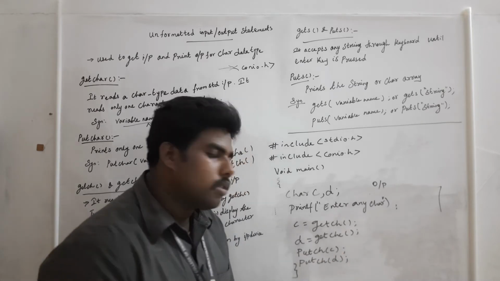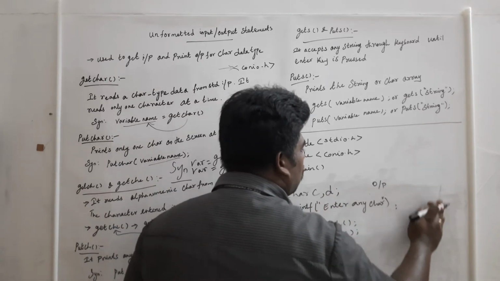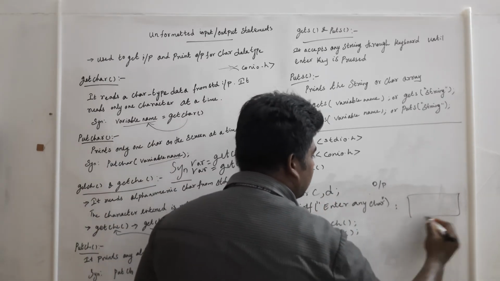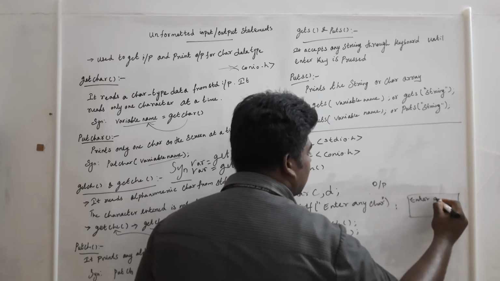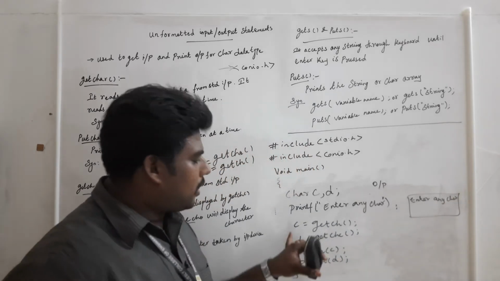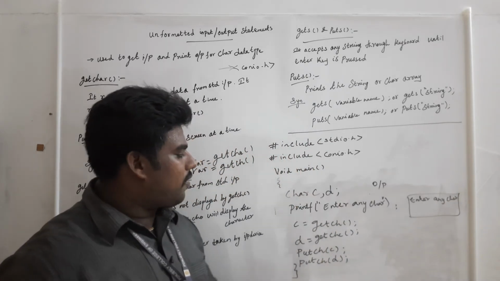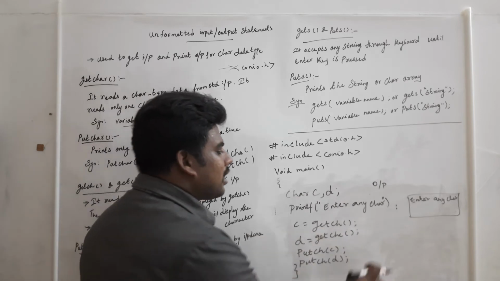Now listen, I declared two characters. In the output screen, what will happen? It will display: enter any character. What about the next line? c equal to getch, c is a variable. What's the use of getch? Getting an alphanumeric character.